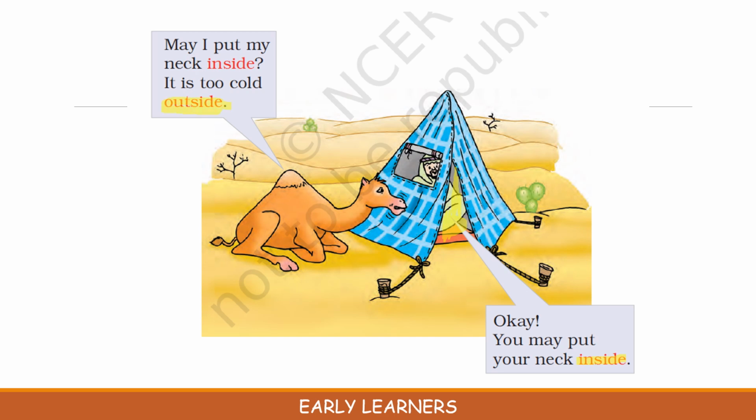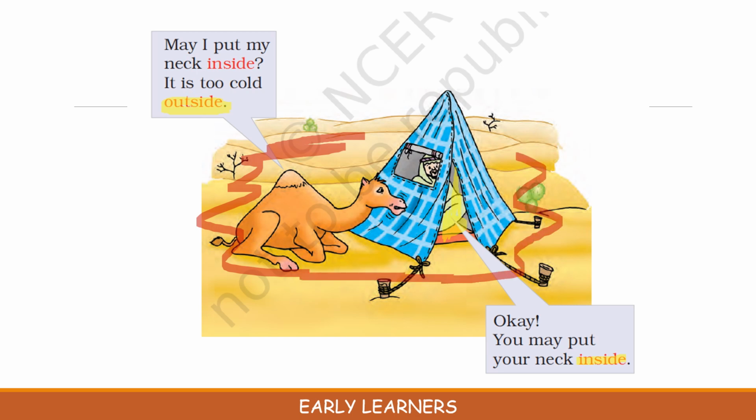So kids, we learned one more word, which is outside. So we know the inside is this part which is inside the tent. But where is the outside? Right, this all area is outside the tent. So can you repeat after me?